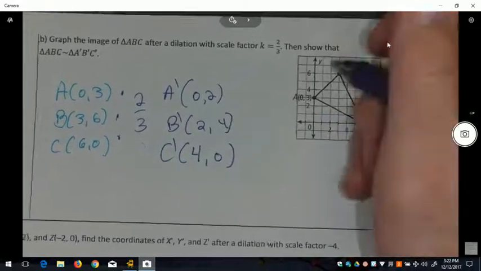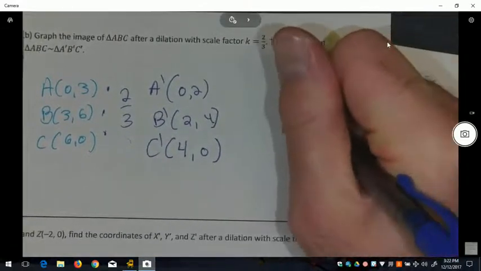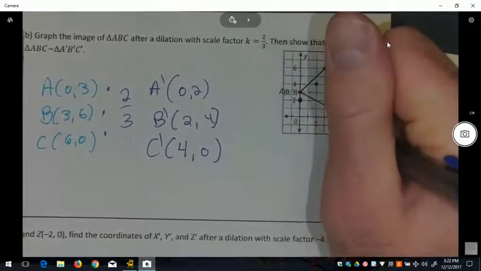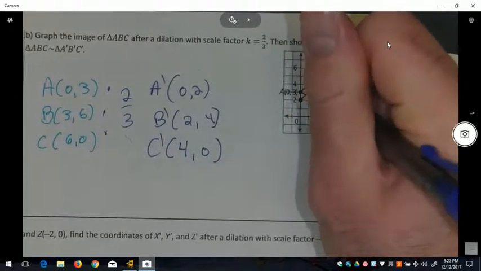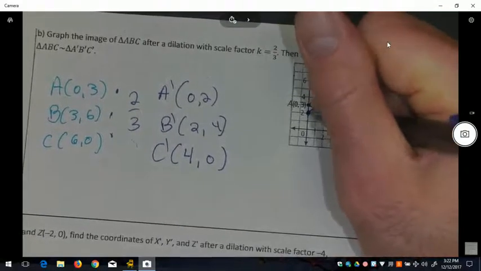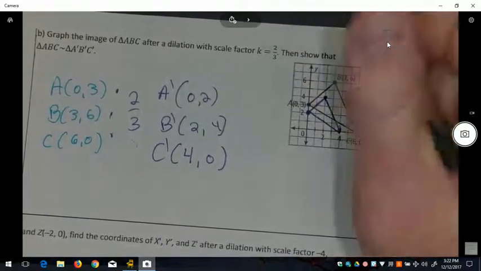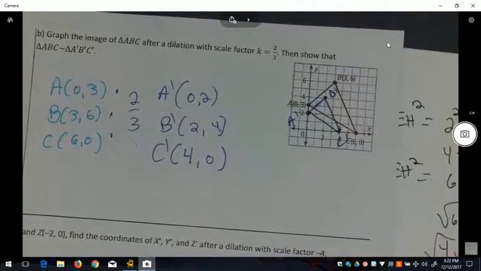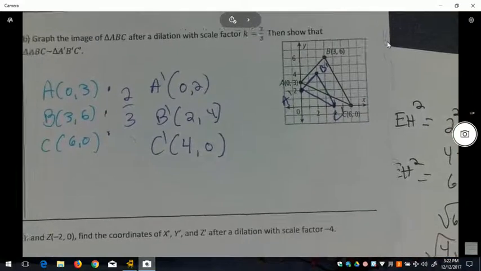And so then we plot those, A prime at 0, 2, B prime at 2, 4, C prime at 4, 0. And we should see that the lines are parallel because we did not do a rotation with this. It should be in the exact same orientation. So there's A prime, B prime, and C prime, just where we would expect them.